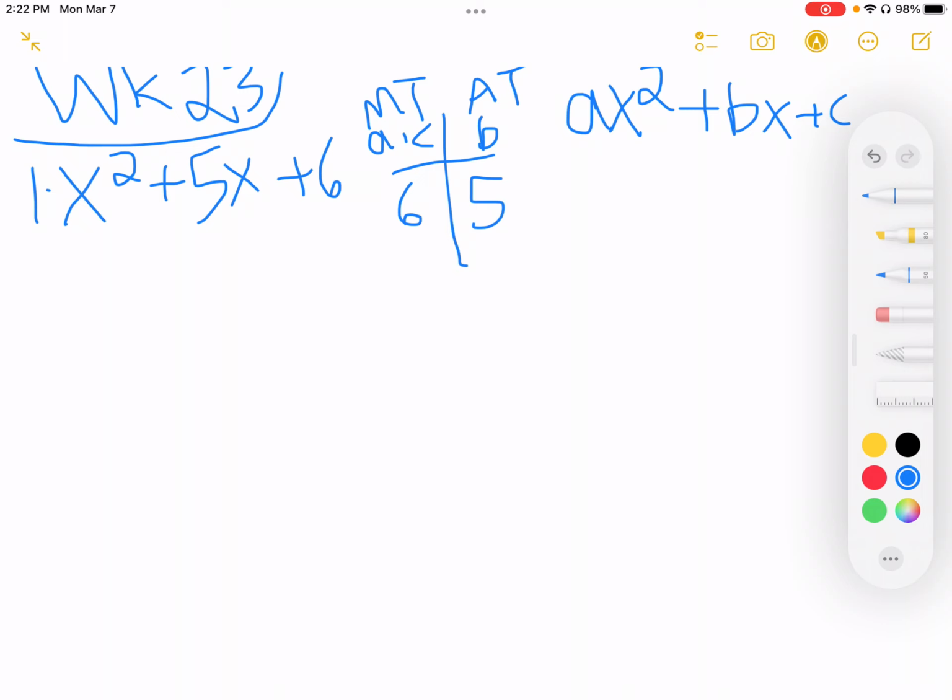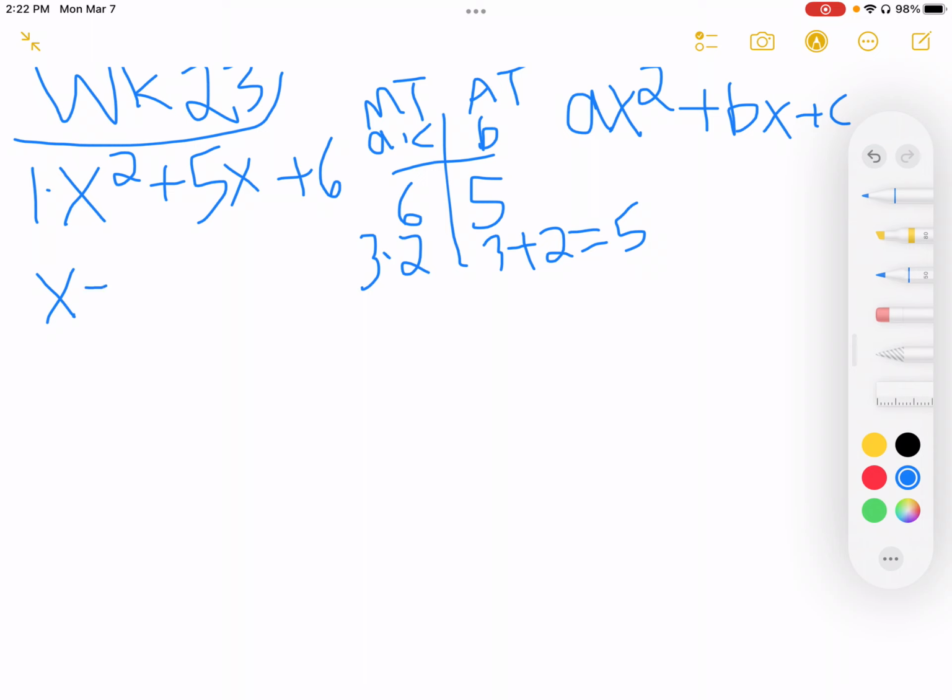So you think of two numbers that multiply to 6 and simultaneously add to 5. That would be the numbers 3 and 2, because 3 times 2 is 6, then 3 plus 2 is equal to 5, right?